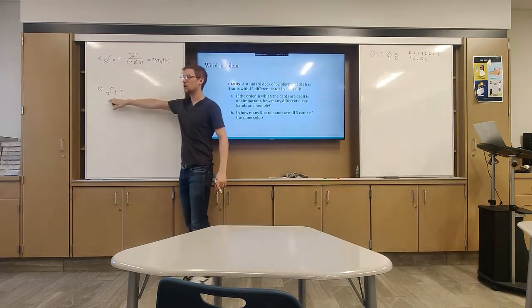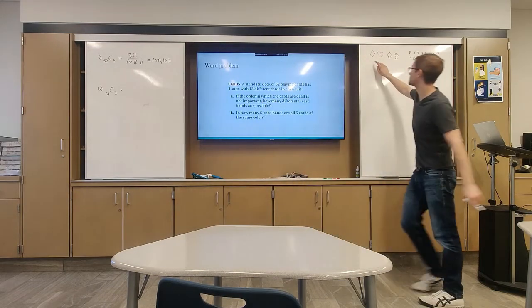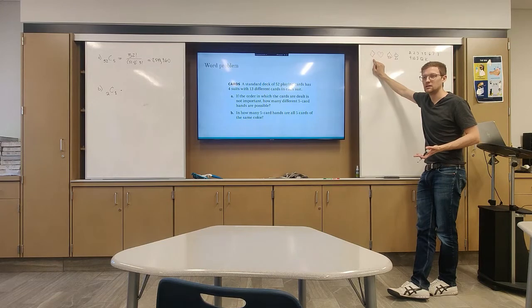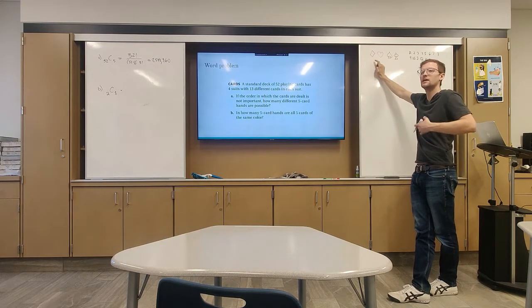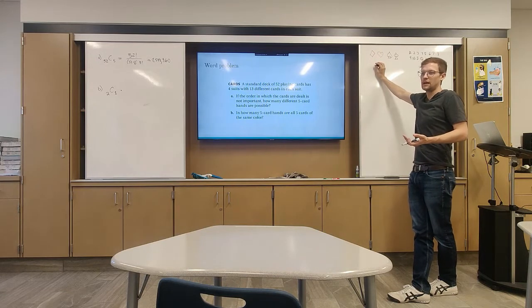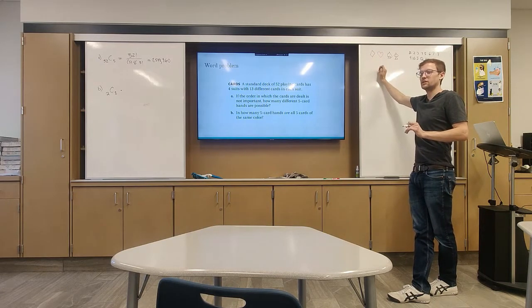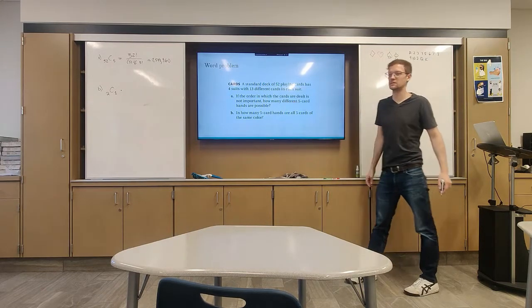It's either black or it's red, right? How many different cards are there that are red? 26. Half of the 52 cards are red and half of them are black. 52 divided by 2 is 26.